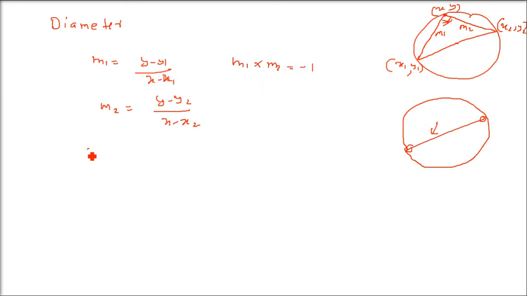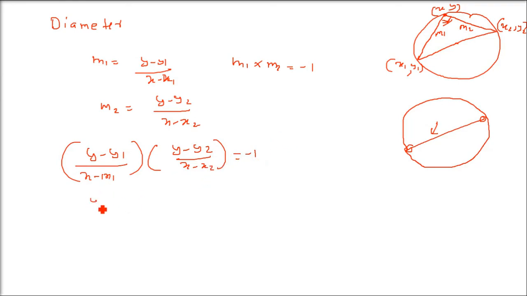So we are multiplying it. That is y minus y1 by x minus x1 multiplied by y minus y2 by x minus x2. If I multiply them, it's equal to -1. Now take the denominator to the right hand side. So that will be x minus x1, x minus x2 on the right hand side. Now take this to the left hand side and write with x first and then y.